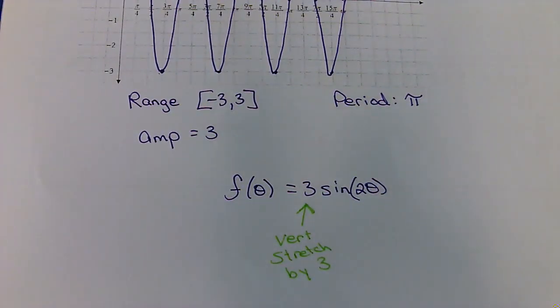Now, when I have a number inside with the input variable, it does the opposite. So when we added, it actually moved it left. When we subtract, it moved it right.